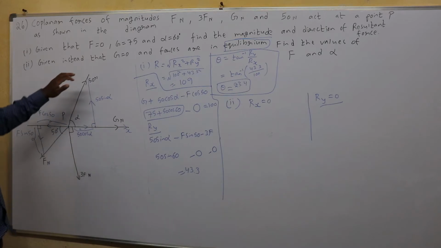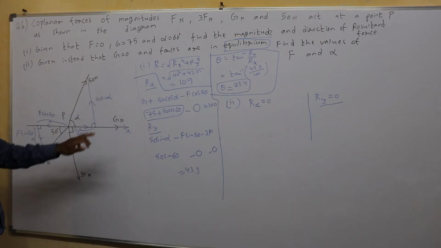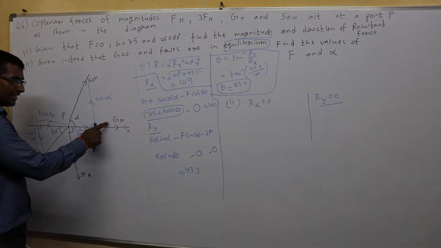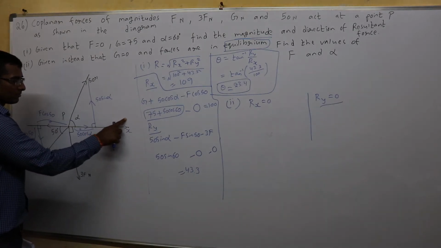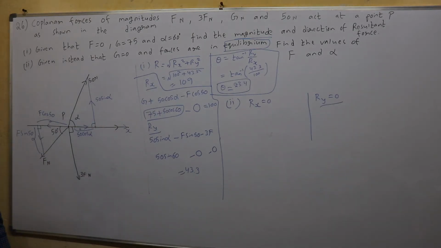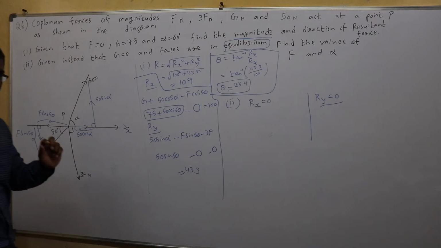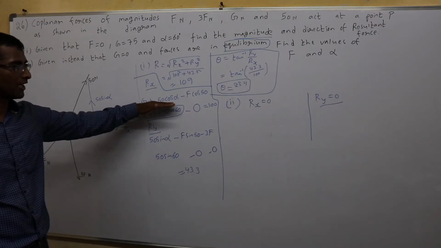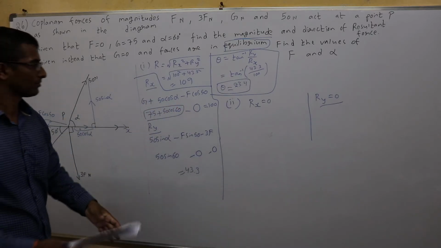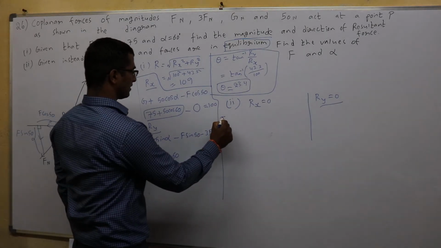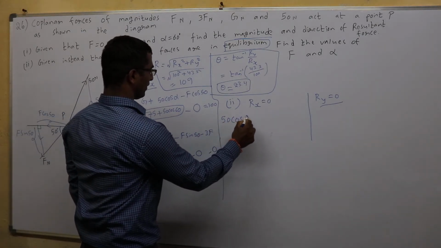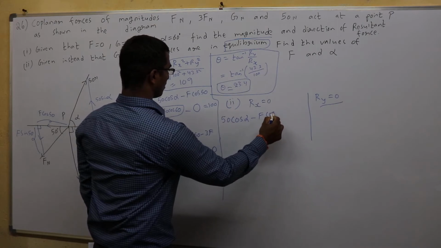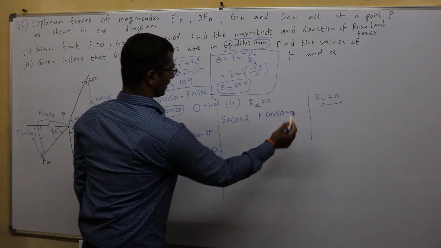Let's do it. Now G equals 0. That means this G is no longer present, so let's erase it. Clear? Now, what all are acting on the positive x-axis? Only G is missing. Rest all is same, so I could directly copy it here. So leaving G, my Rx is 50 cos alpha minus F cos 50 equal to 0.